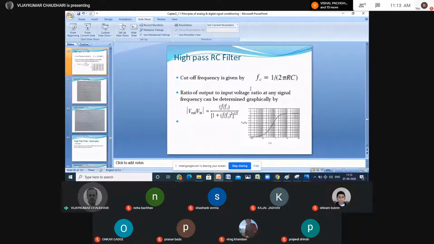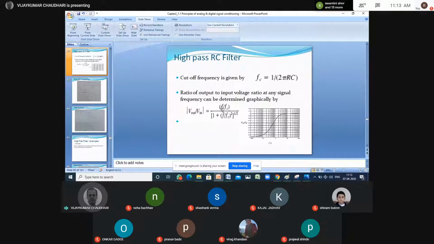So how is the cutoff frequency given? Cutoff frequency is given by the same expression as in low pass filter, 1 upon 2 pi RC, and the ratio of output to input signal is given by V out upon V in is equal to f upon fc divided by root of 1 plus f upon fc whole square.